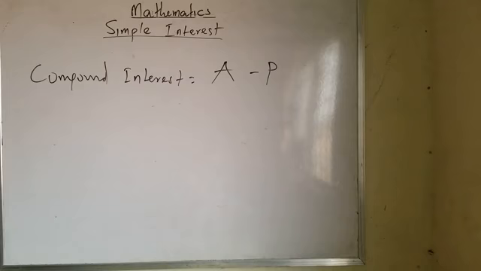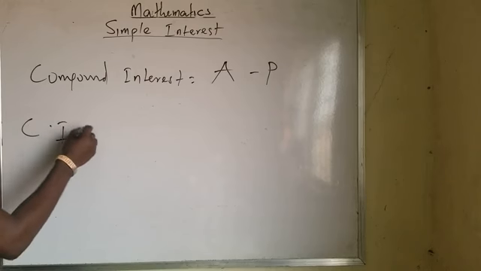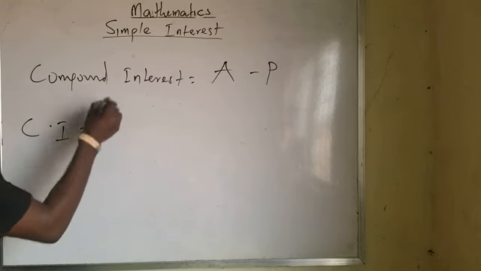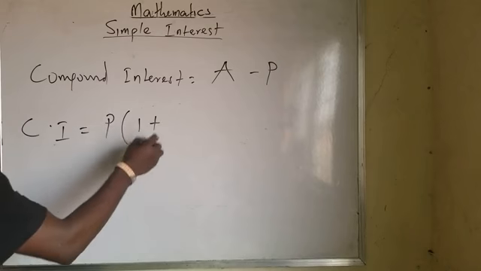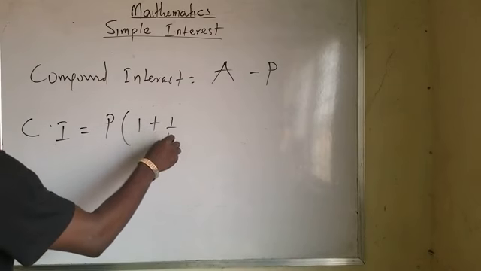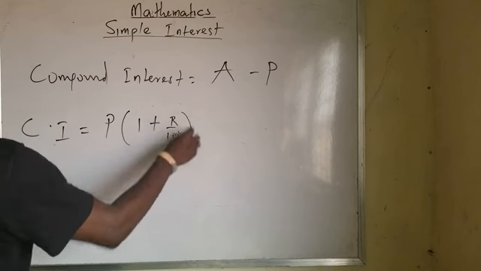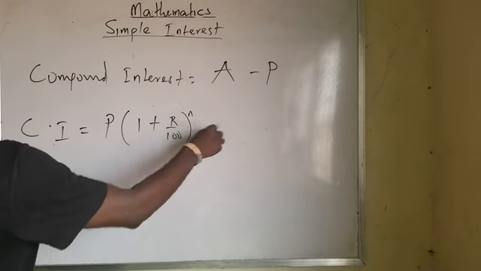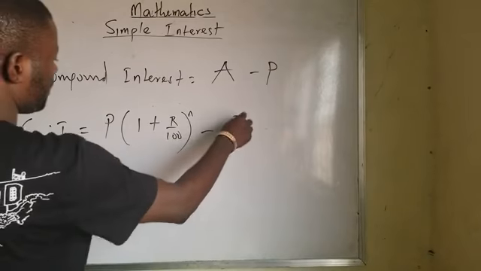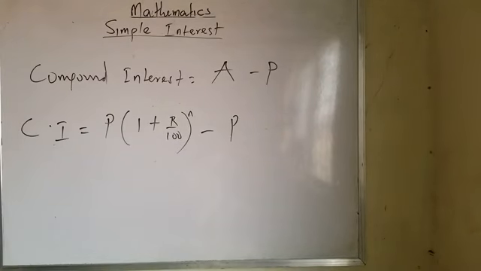If I want to go by formula, I can say that compound interest is equal to principal times bracket of 1 plus R over 100, bracket to the power of n, minus principal. Please take note of this very well.